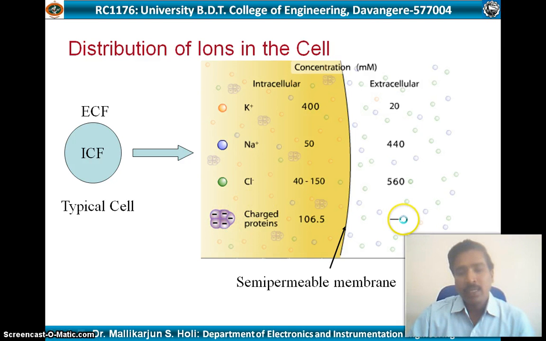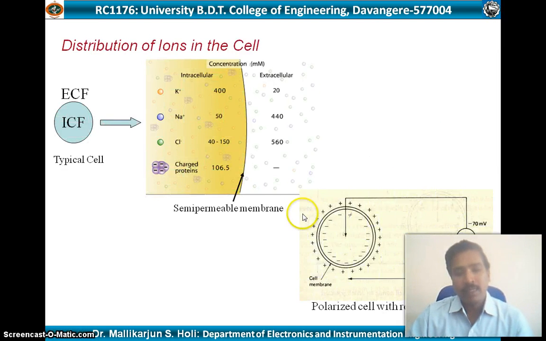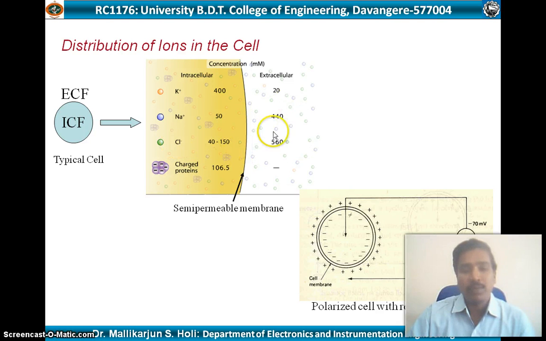So when you look at the potential across the membrane, we find more sodium ions outside and less inside, due to which the cell is more negative inside and more positive outside.